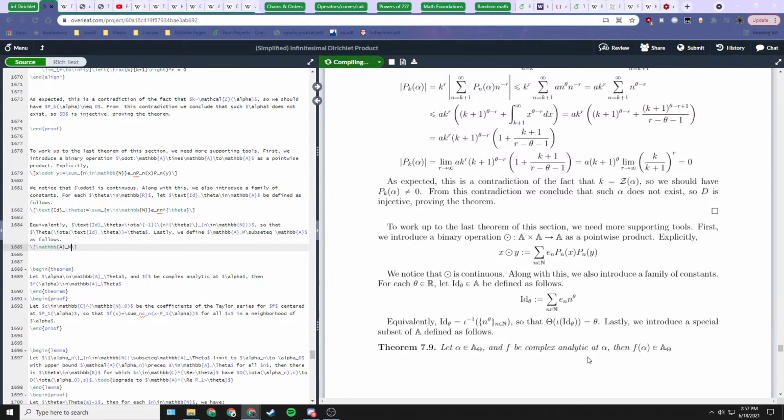Okay, so we're also going to define a special subset of A space.